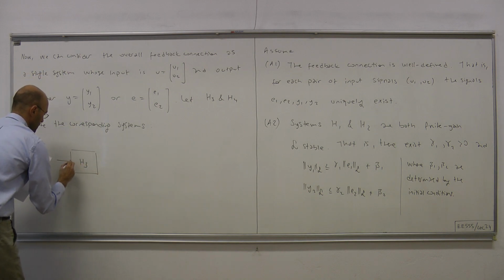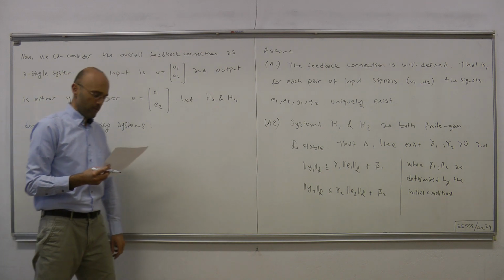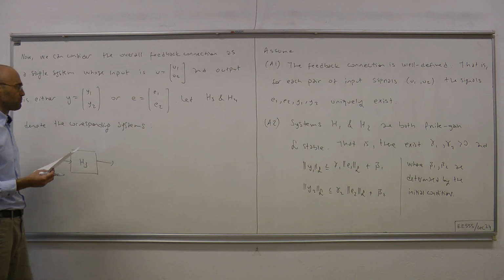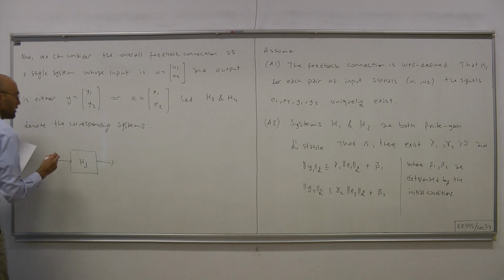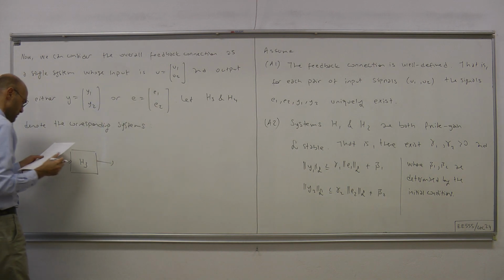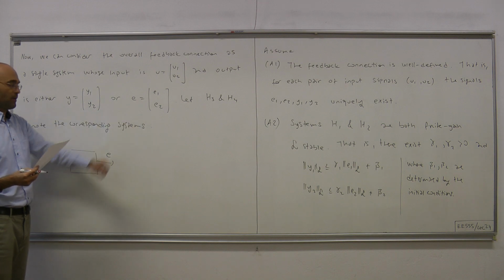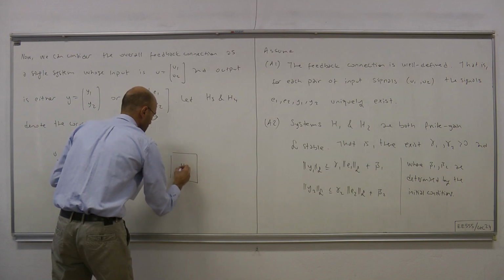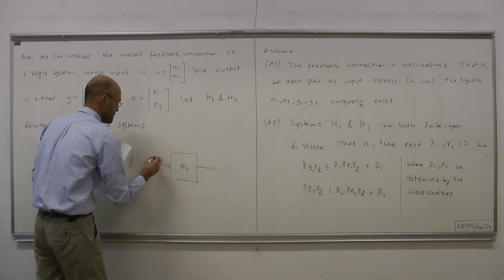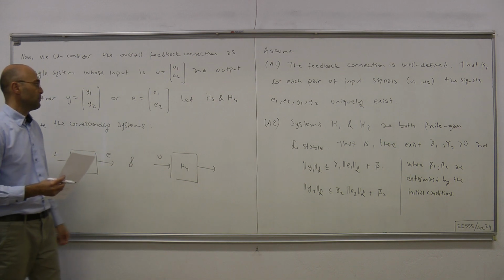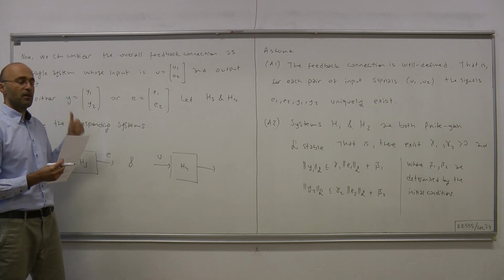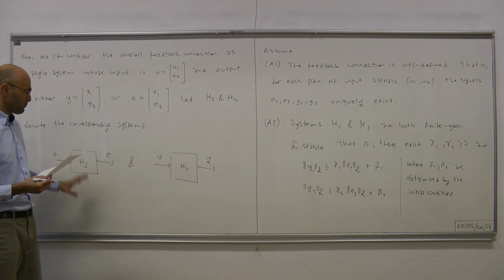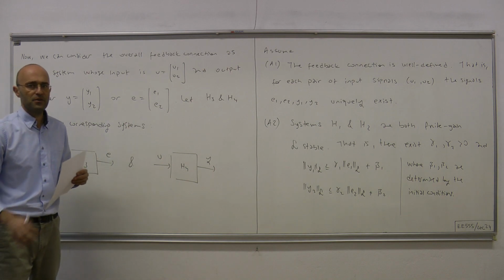H3 is our notation to denote the system whose input is U and the output is E, the error signal. Likewise, H4 is such that its input is U, same as H3, but this time we consider the output as Y. And the small gain theorem holds for both of these possibilities.